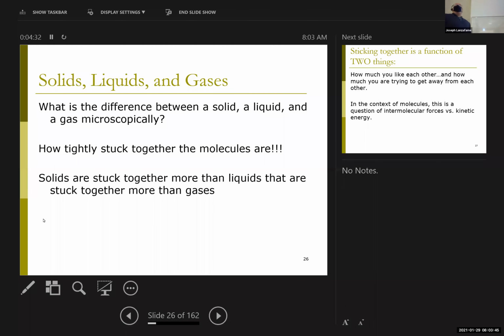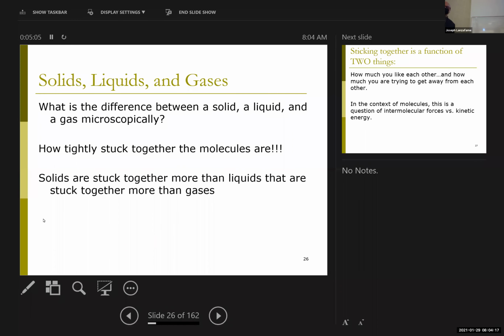right? They don't know or care whether they are solid, liquid, or gas. What makes them solid, liquid, or gas is whether or not that force of attraction is strong enough to change the way the molecules are moving. Solids are stuck more than liquids, which are stuck more than gases, although technically there's no difference in the intermolecular forces in those three different phases.